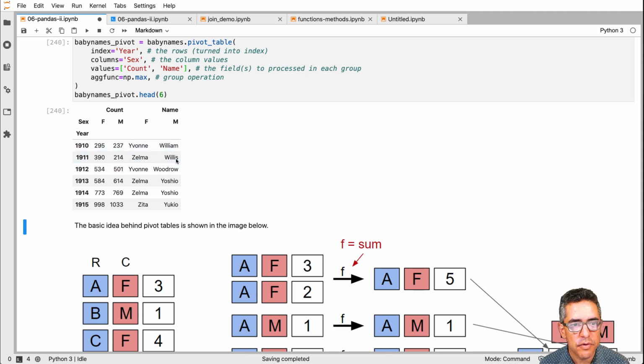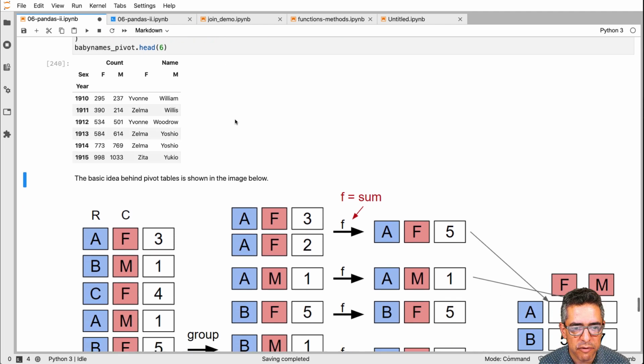So this is a fairly complex distillation of data from this entire data set, but a single call to a pivot table does all of the wrangling to provide this summary.